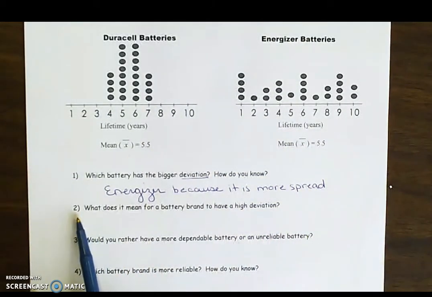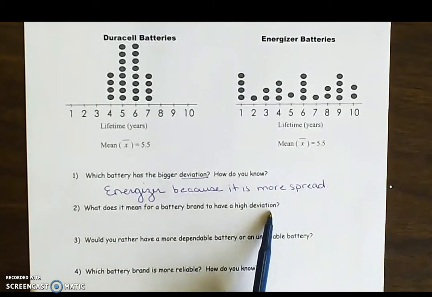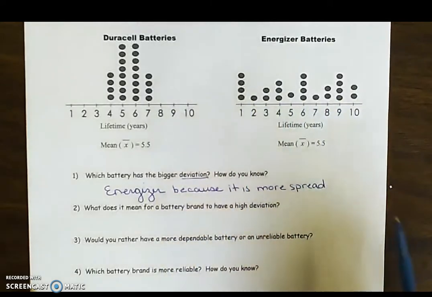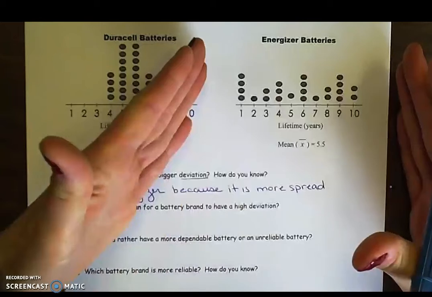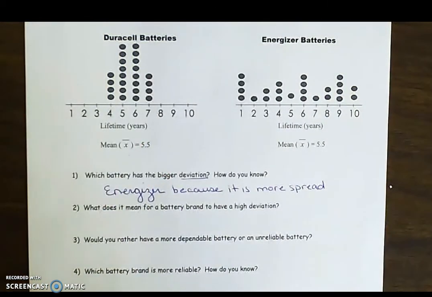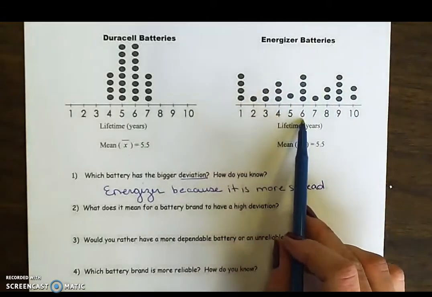So question number two, what does it mean for a battery brand to have high deviation? So think, what does it mean to have high deviation? Well, it means the battery lifetimes are very spread out. So think of a battery. Would you want to get a battery and know, well, it could last for 1 year or it could last for 10 years? Does that show that this battery is consistent or inconsistent?